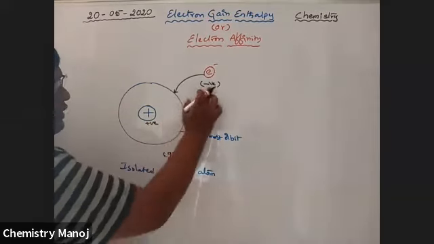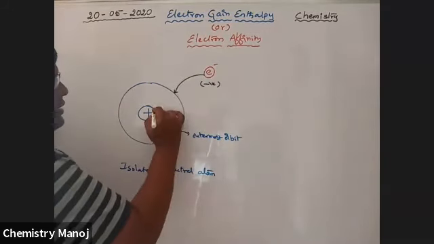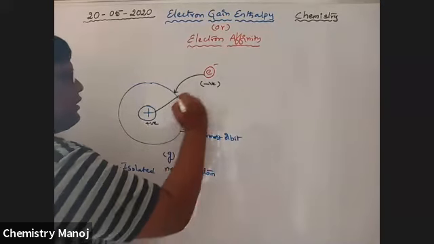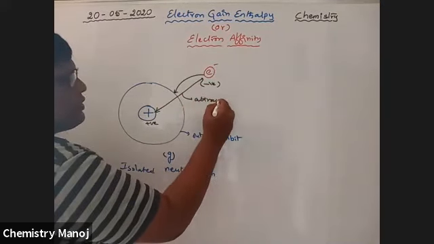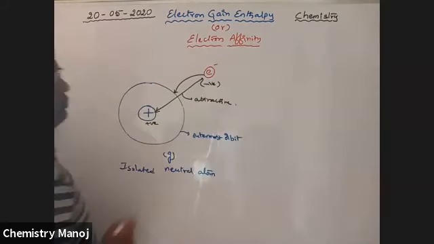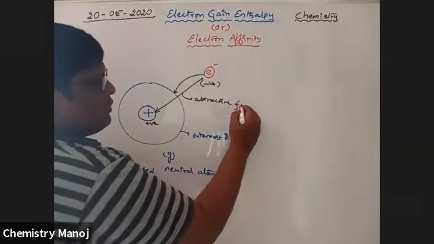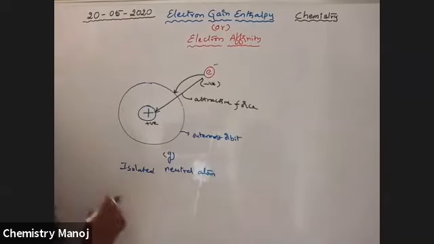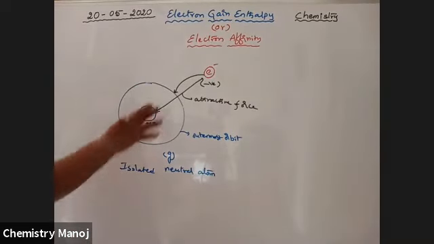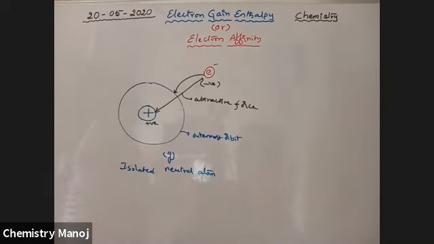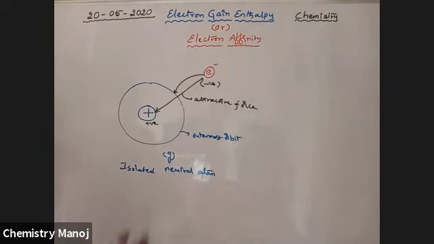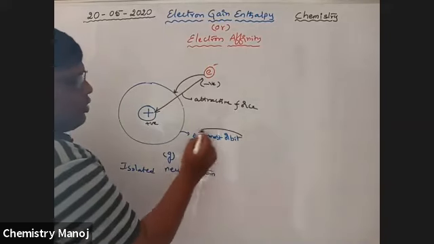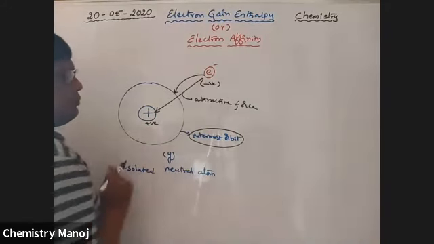Between this positive and this negative, there is an attractive force. Because of that attractive force, the electron is strongly attracted by the nucleus. That's why this electron enters the outermost orbit of that atom.